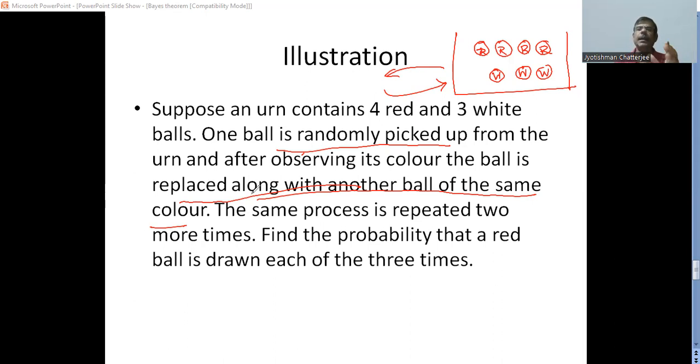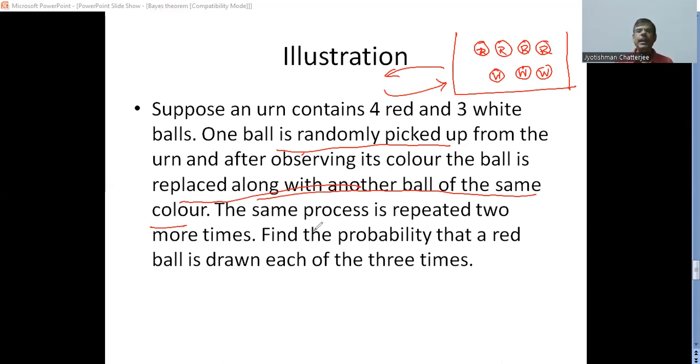In that case, the urn will have 5 red balls and 3 white balls. However, if the picked up ball turns out to be white, then you replace the same white ball into the urn, and then you put another white ball in the same urn. In that case, the urn will contain 4 red and 4 white balls after the experiment.